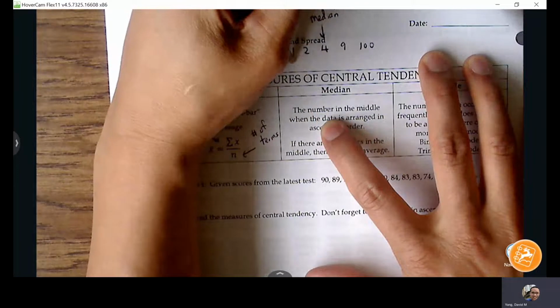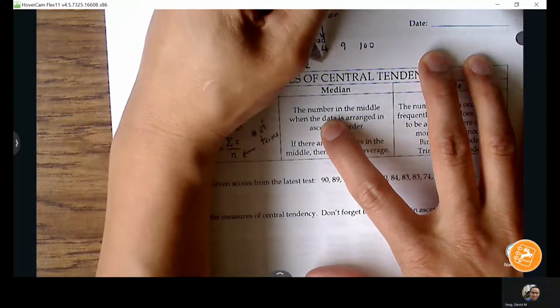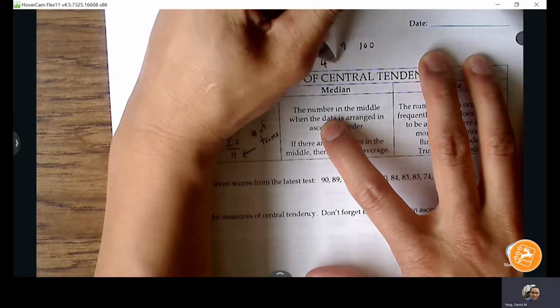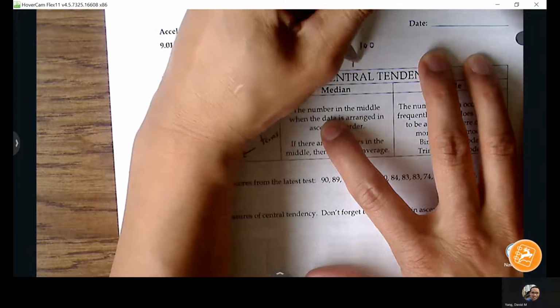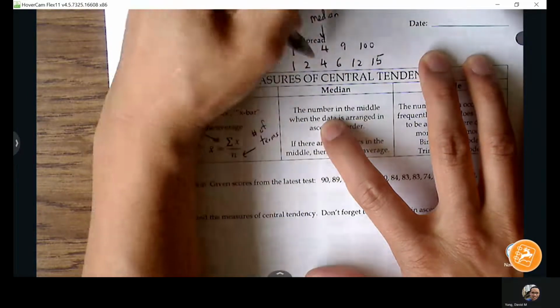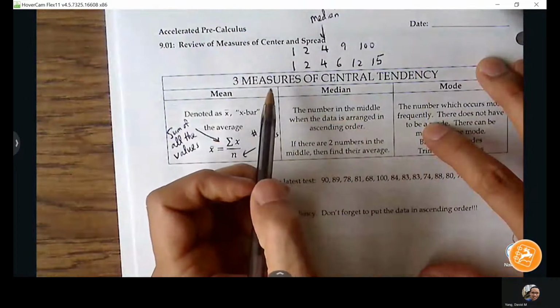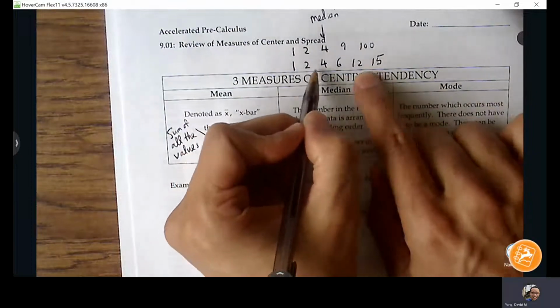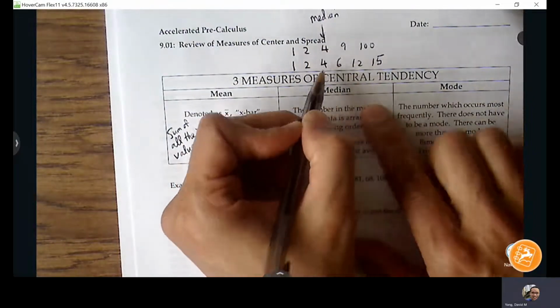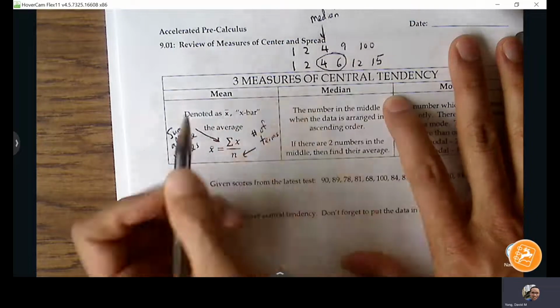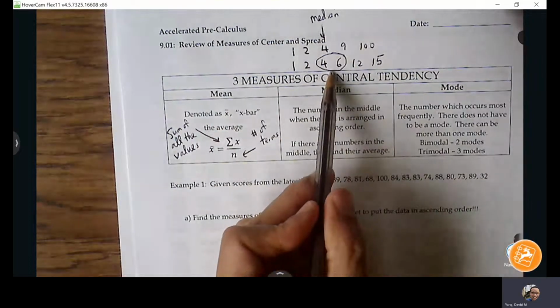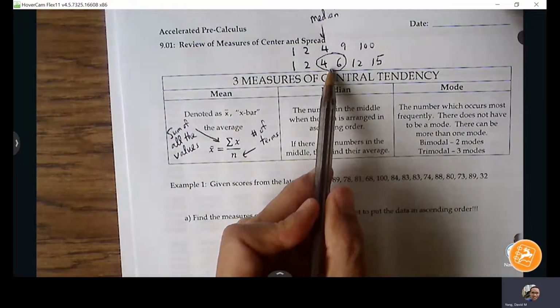But what if I had 1, 2, 4, 6, 12, 15? Yeah, so if I have an even set of numbers, if there are two middle numbers, then I take the average of those two middle numbers. So the median is going to be 5.